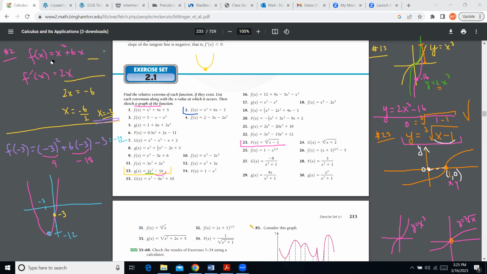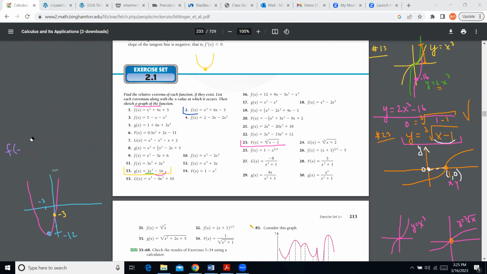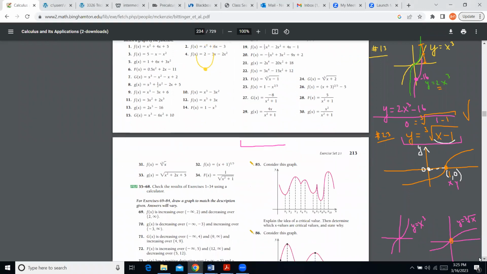So again, I didn't use any derivatives, so I didn't use calculus to graph. I just utilized transformations. Again, you just don't want to do more than you need for the exercises. So from this page, I don't want to look at the next page.